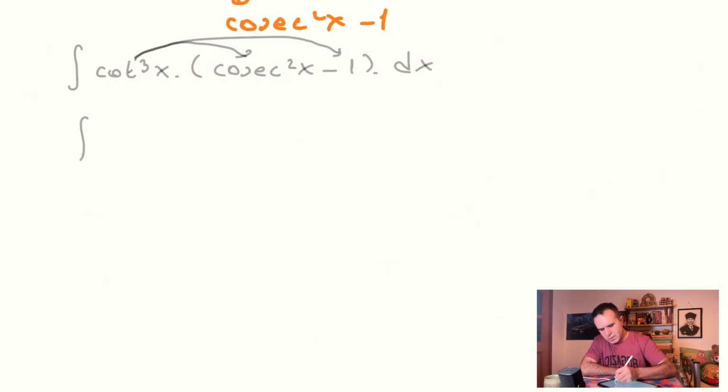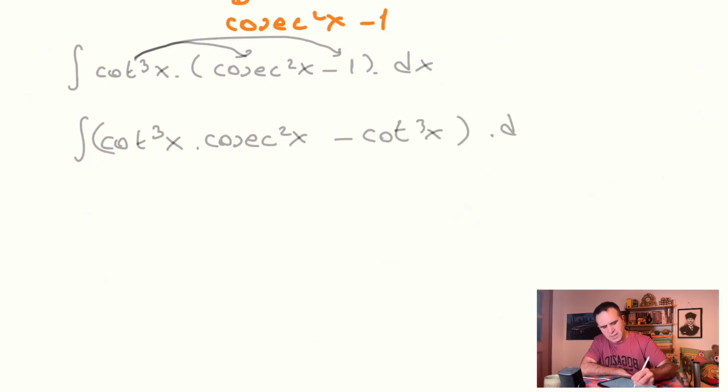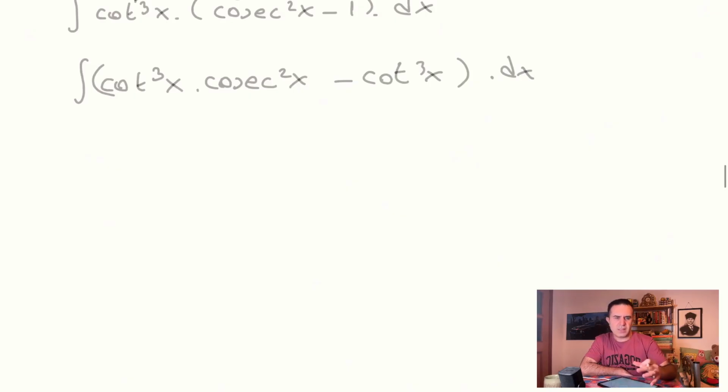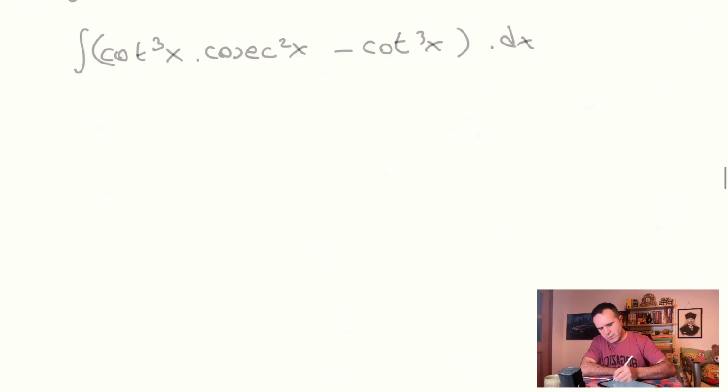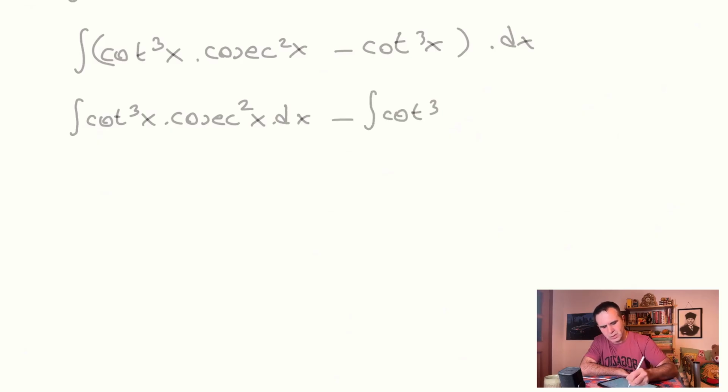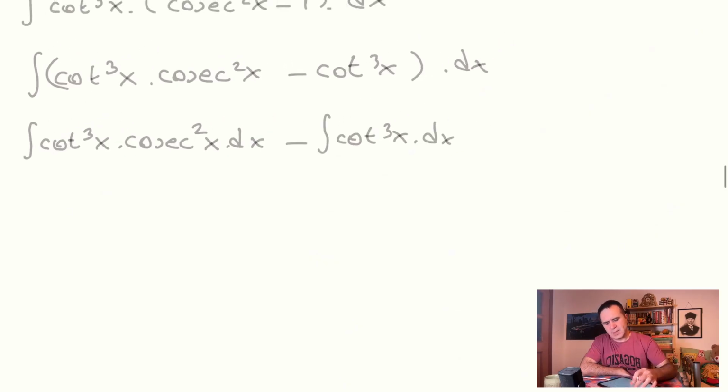Then the integral becomes cotangent cube x times cosecant square of x minus cotangent cube x dx. And we can split this into two different integrals. The first integral is cotangent cube x times cosecant square of x dx, minus the integral of cotangent cube x dx.